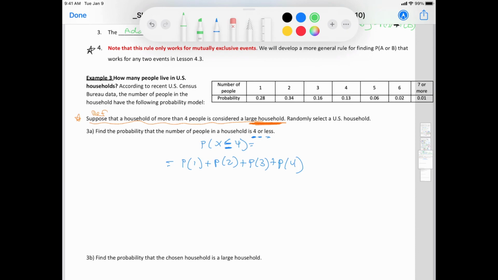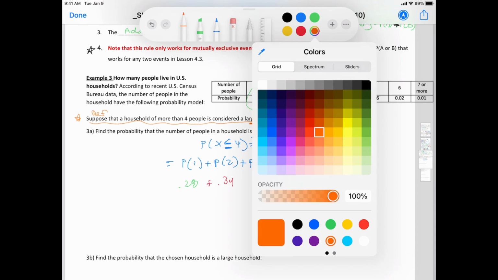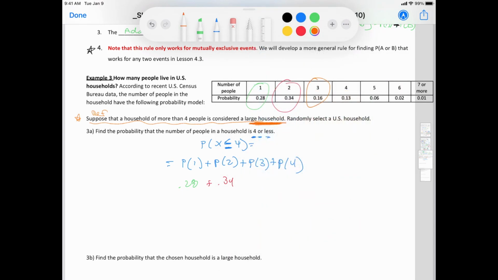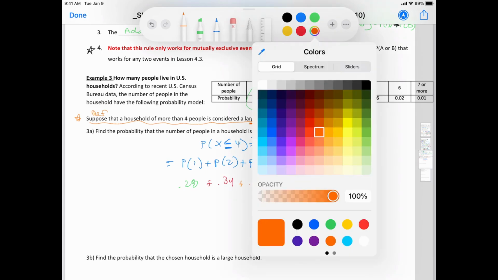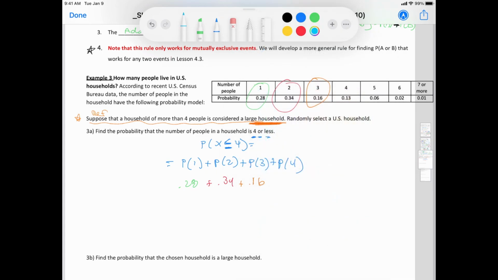If you look above, 1 is at 0.28, 0.34 for 2 people, 3 people is 0.16, and 4 people is 0.13. So if you add those together, you'll get a probability of 0.91.